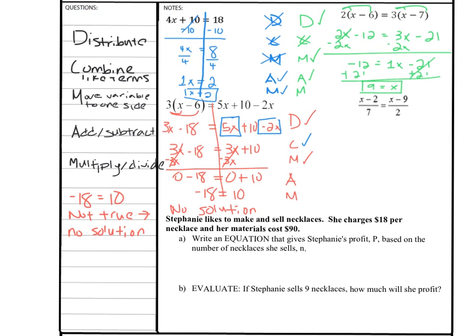Say that we got, instead of negative 18 is equal to 10, we got 10 is equal to 10. This is true. So then we would have got infinite solutions.